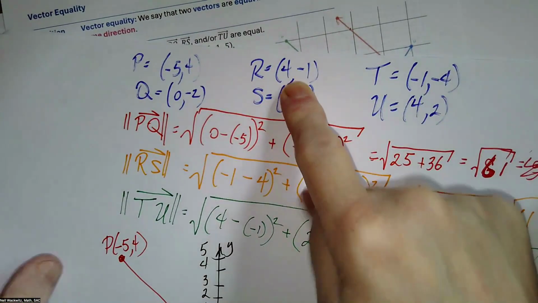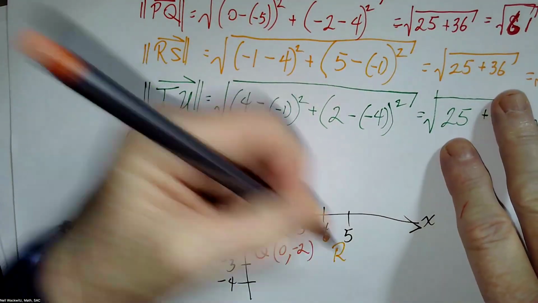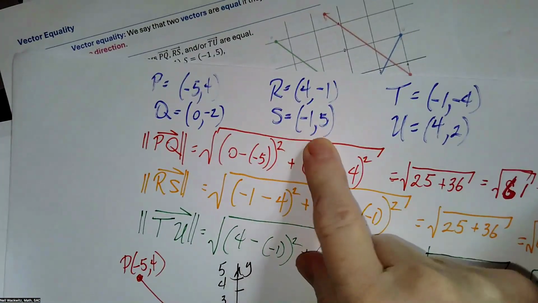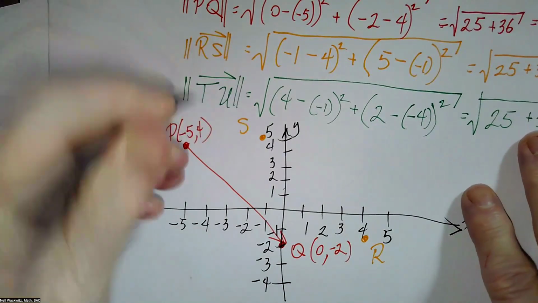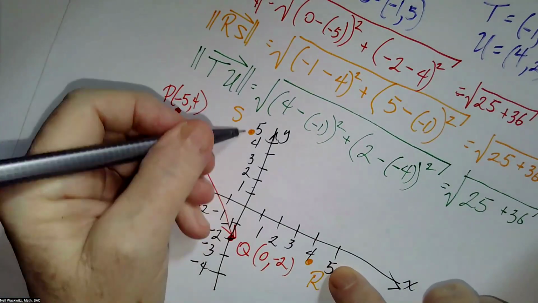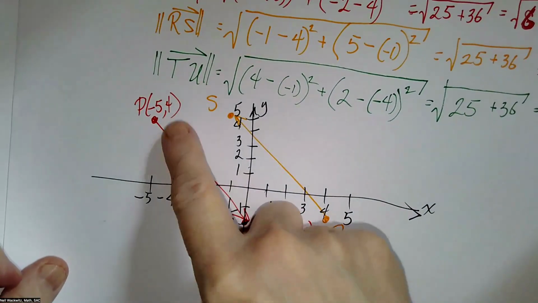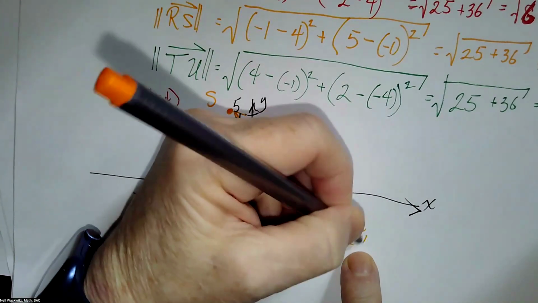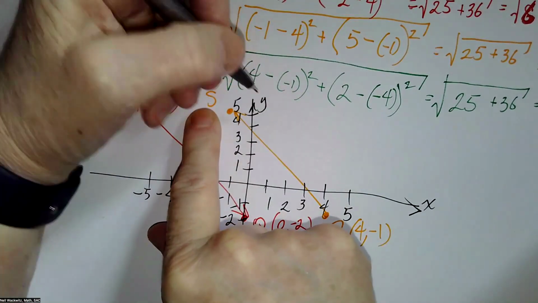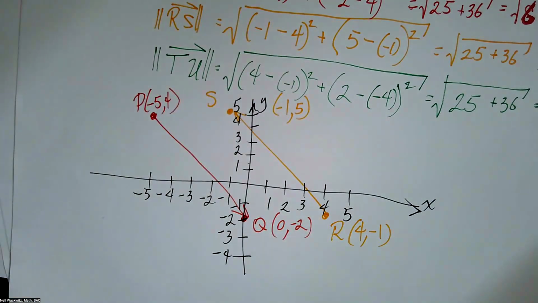R is 4, -1. S is -1, 5. So that means that RS is from R to S. Oh, let's go ahead and write these in. This is 4, -1. S is -1, 5.